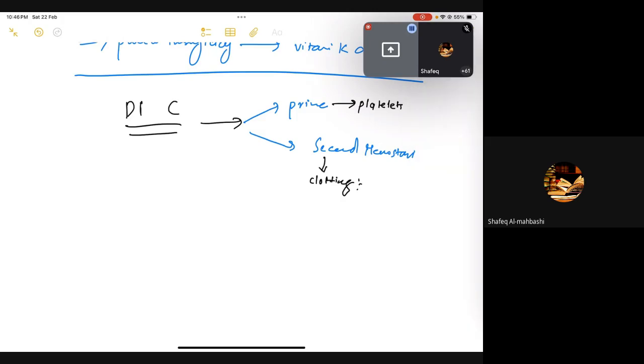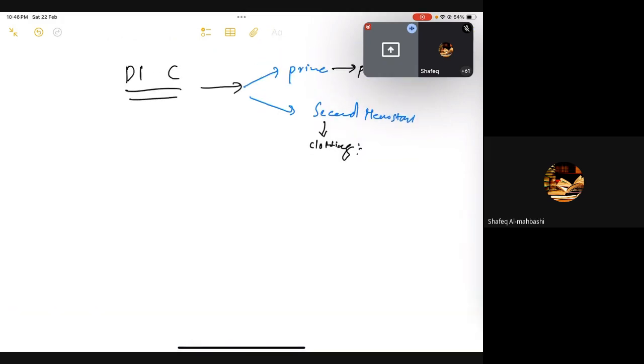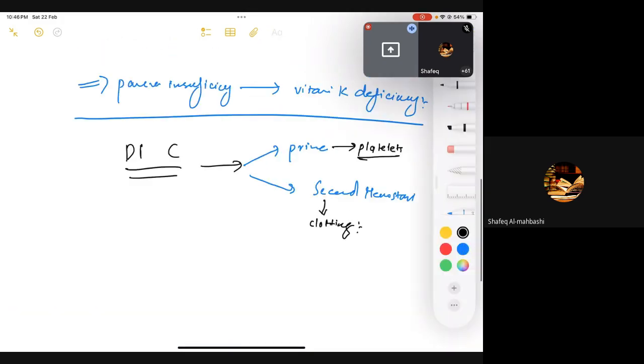So what happens in DIC? We have exaggerated activation of both your primary and secondary hemostasis. Both the platelets and the clotting factors are going to be exaggeratedly activated.